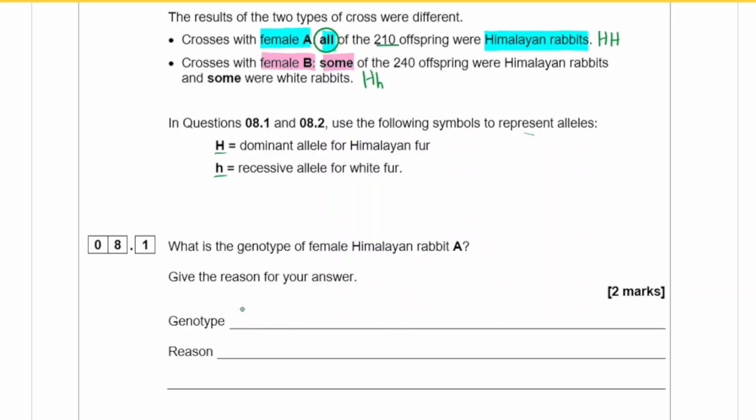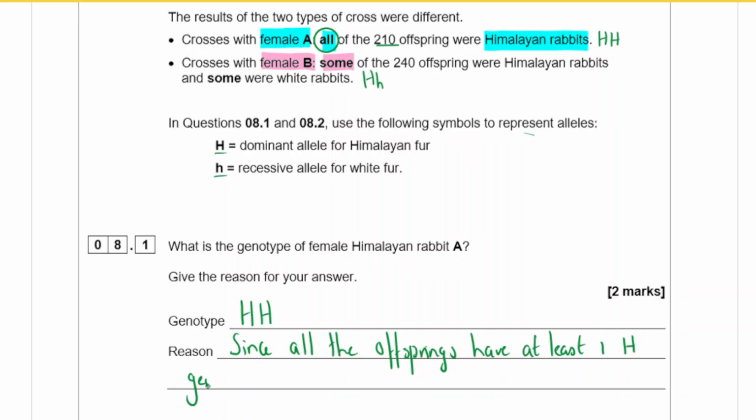So rabbit A is capital H, capital H. Reason: since all the offspring have at least one capital H gene, or you could say the reverse, since none of the offspring have lowercase h.